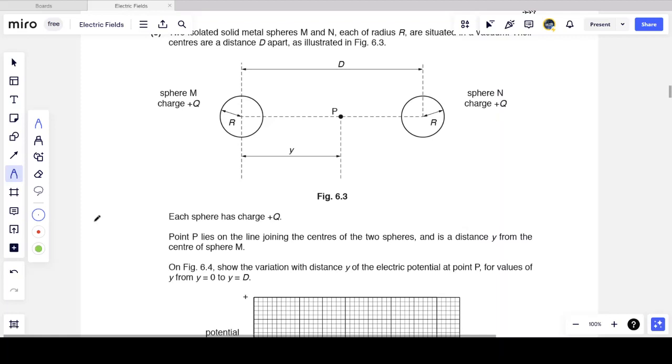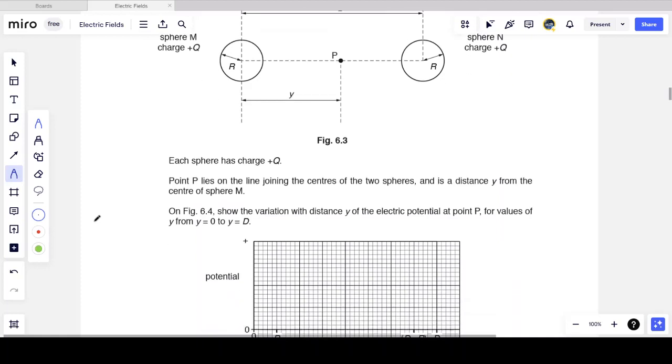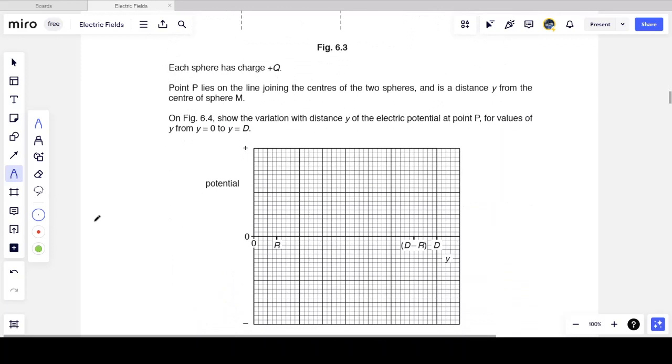Now each of these spheres is positively charged, so each has a positive potential, which means at no point can my potential be negative. There are no vectors here, there's no direction. It's simply a positive potential plus a positive potential. I should always have a net positive potential. So what I'll know immediately is my graph will always be above the horizontal axis. It's not going to be negative.